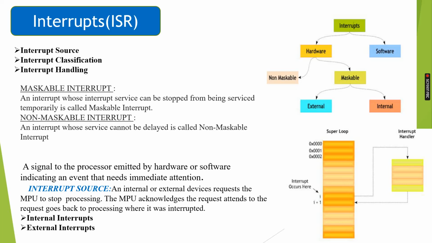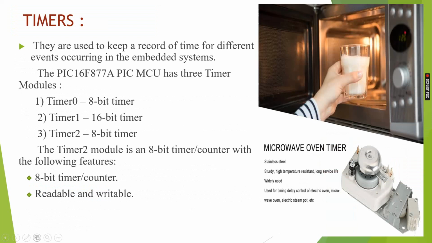Interrupt source: an internal or external device requires the microprocessor unit to stop processing. The microprocessor unit acknowledges the request, attends to the request, and goes back to where it was interrupted. Here the program execution goes to the address of the interrupt and solves the interrupt, and then execution takes place.